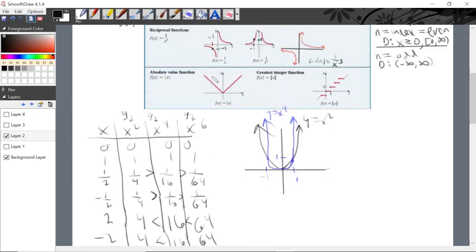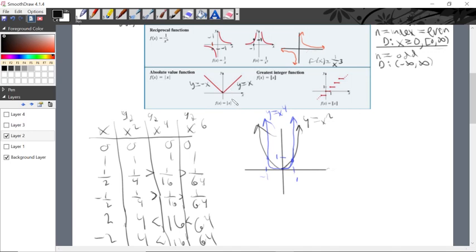Take a look. On the left side, on this left branch, it looks like the equation y equals negative x. The slope is negative 1, but it's only until it gets to 0. And once it gets to 0, then after 0, it changes and it becomes the graph of y equals x.